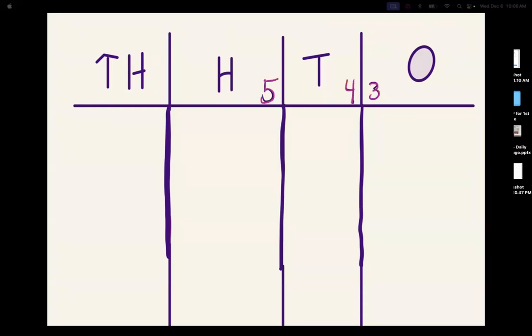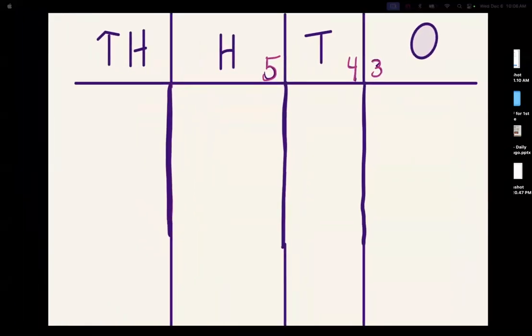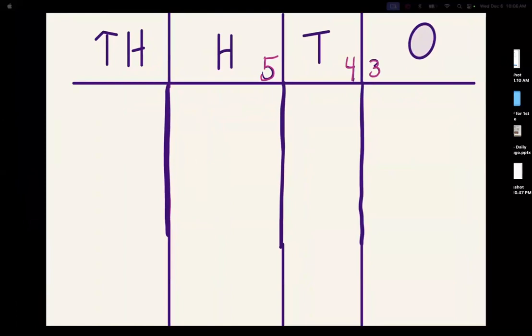543. 543 is your number. How many hundreds? How many tens? How many ones?